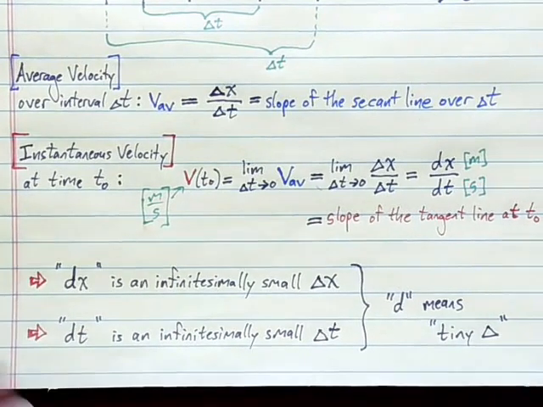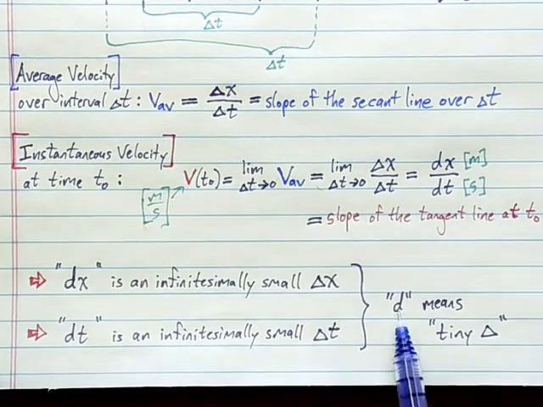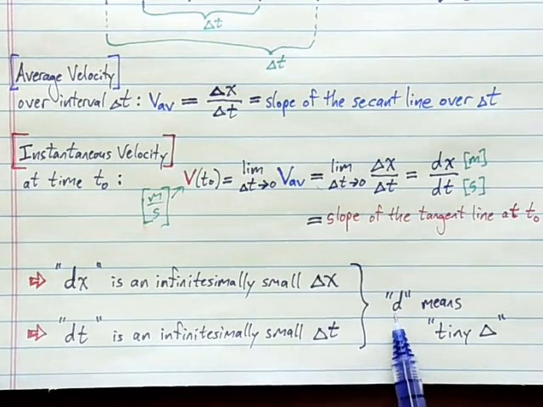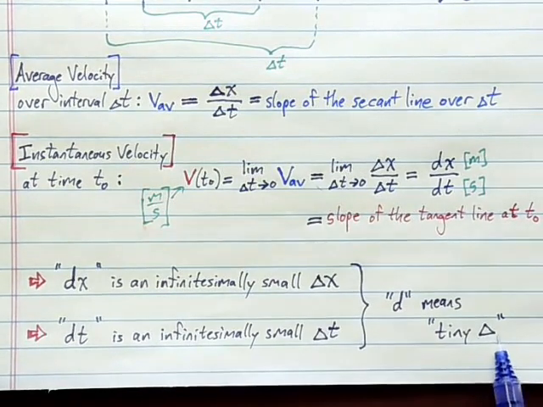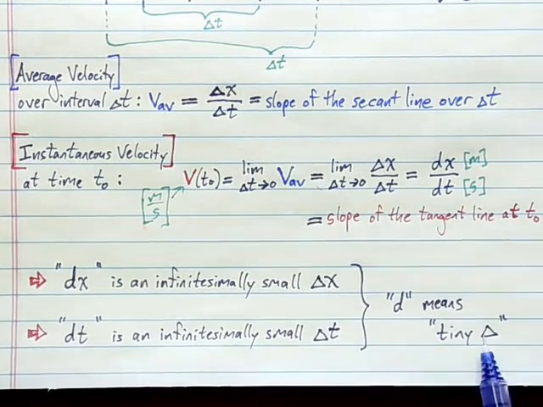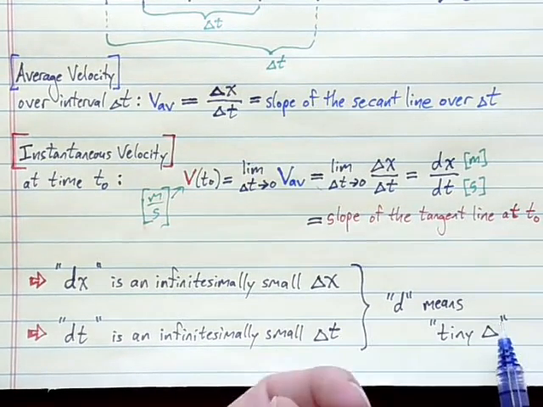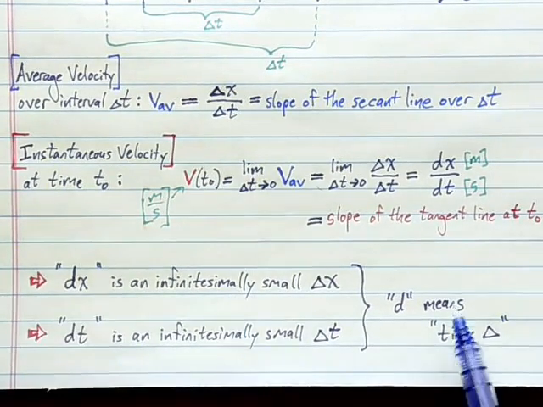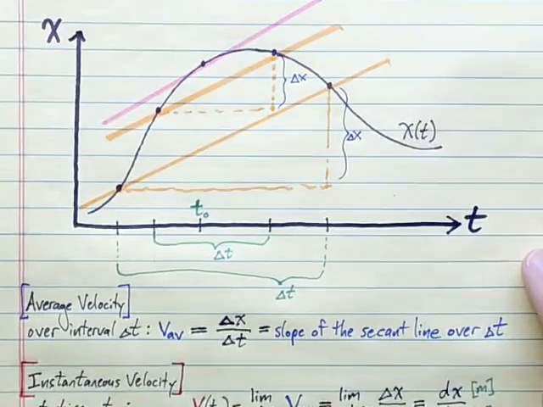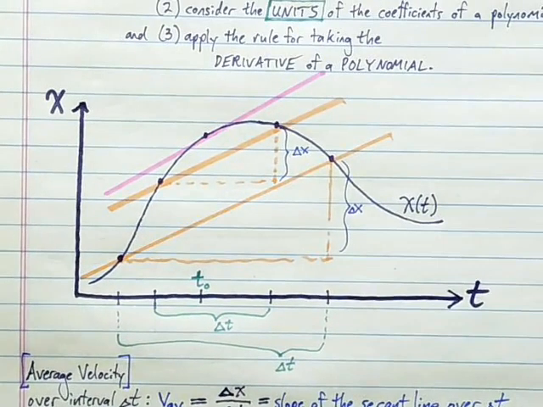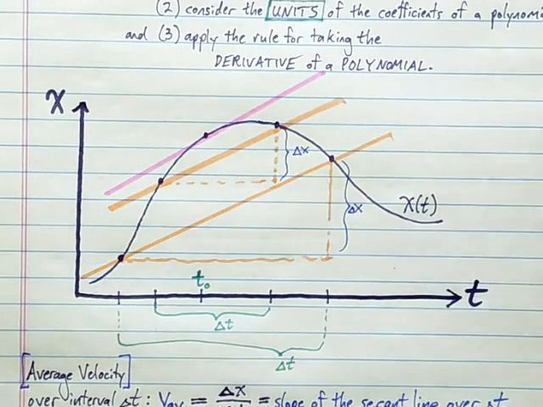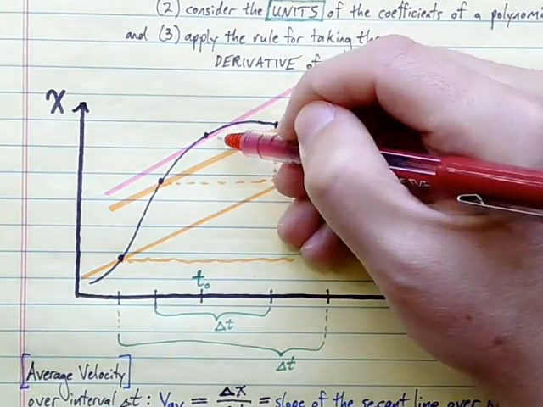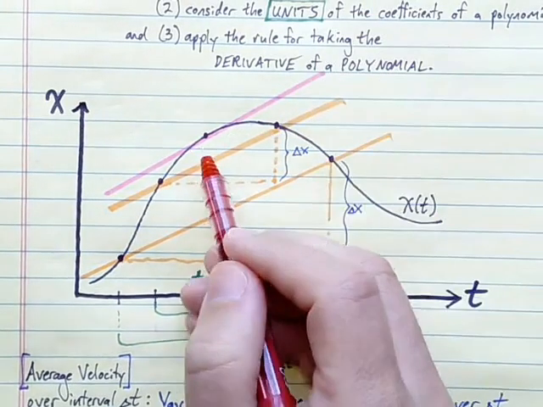The point I'm making here is that by this little d that we use all over the place in calculus, d just means a very tiny delta. D for delta, an interval that has shrunk almost to zero, an infinitesimal interval as small as we can possibly imagine. And so the slope of our tangent line here can be imagined as our tiny dx over a tiny dt.